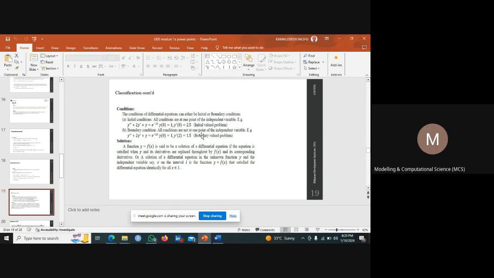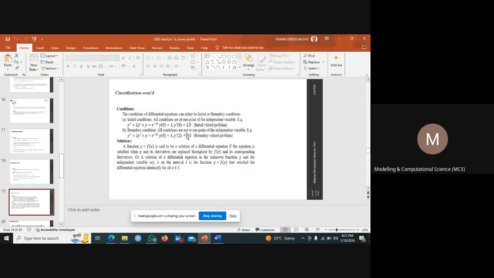So in summary, we have two types of conditions: initial value conditions, then boundary conditions. The initial value is when you specify at a single point, or at a starting point, so you call it initial. Why the boundary conditions?